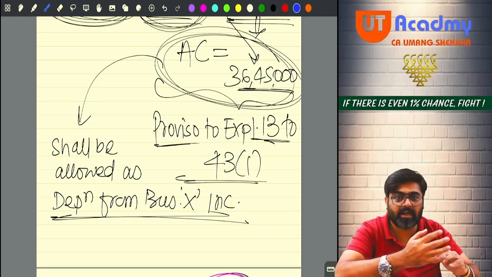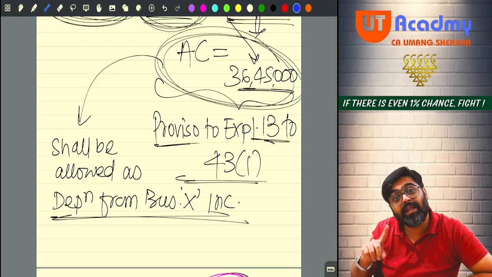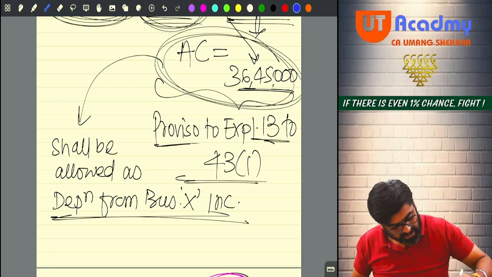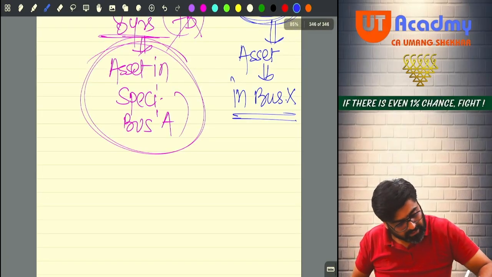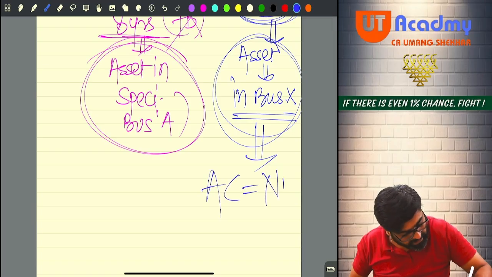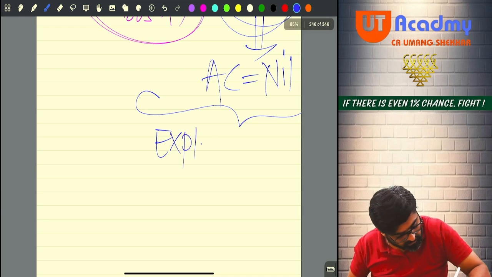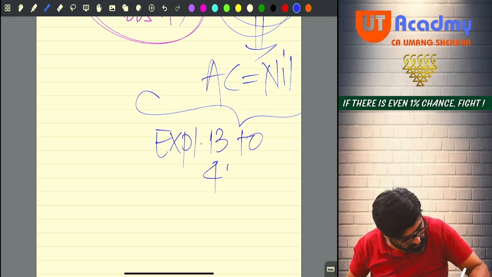And after 8 years, now you are bringing this asset to some other business. In that other business, the actual cost of this asset will be taken as nil. This is given in explanation number 13 to section 43(1).